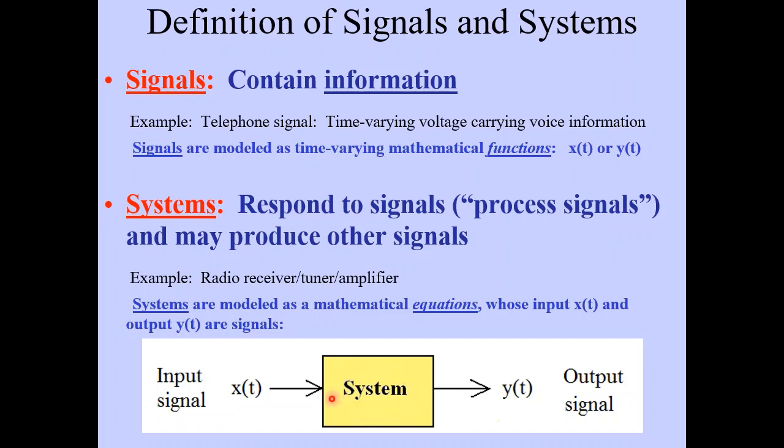So the system is whatever is in this yellow box here. And then the system processes that information, the input signal, and spits out an output signal, which we designate as y of t. So this is sort of our basic notation that we're going to be using in this course to represent a system.